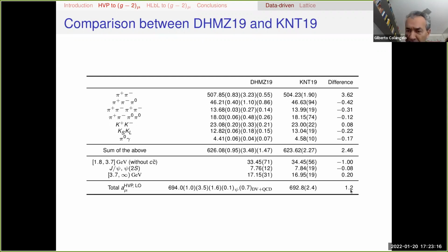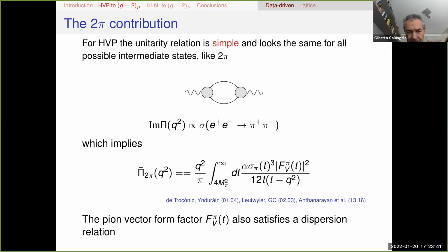And so these differences in the individual channels have been addressed by the white paper, by the Muon G-2 theory initiative, because the goal was to get a conservative result, a consensus, but conservative result. And so much work went into clarifying these differences.